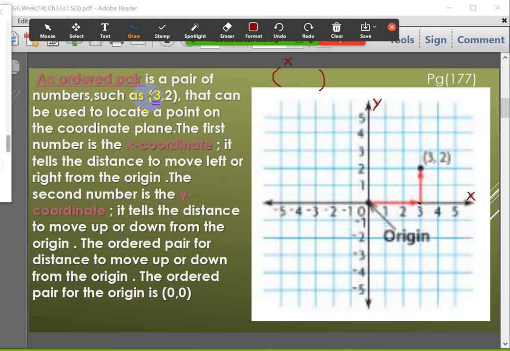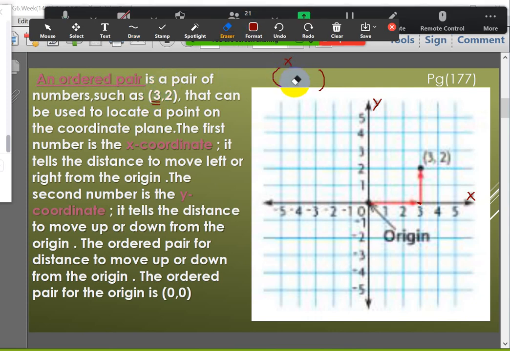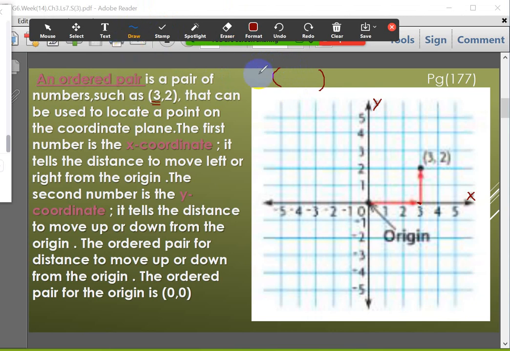So the first number is 3, which is the x coordinate. We name this number, the first one, always the x. So always the first one, I will write it here. The first one will be the x coordinate.